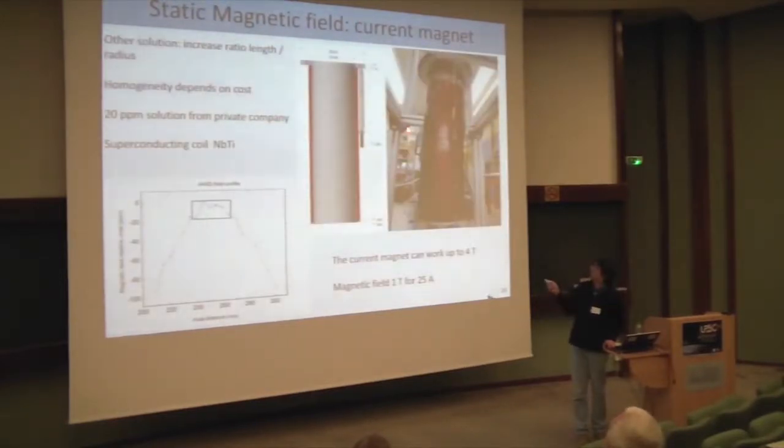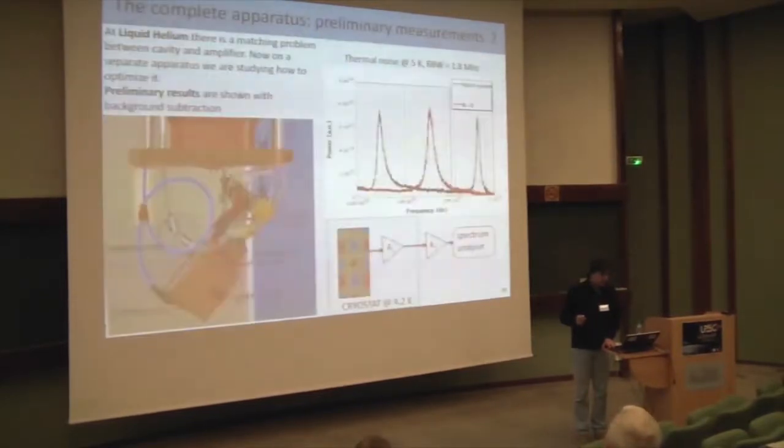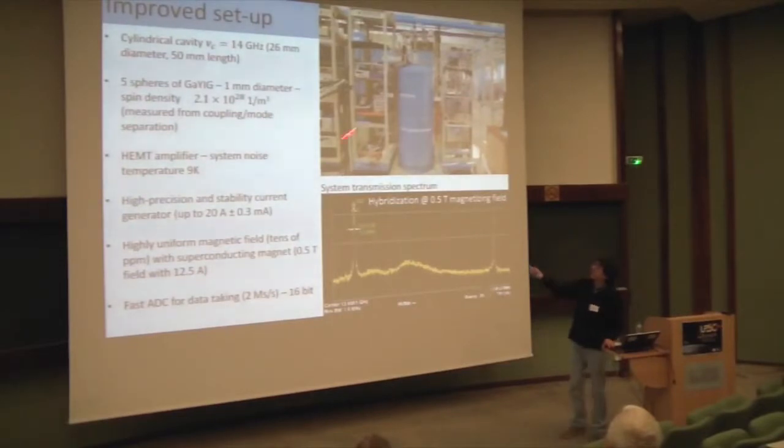Then we studied the magnetic field and homogeneity. This is our current magnet. But what I wanted to show you is what we are trying to do. We have an improved, more recent setup, where we are working inside this cryostat with a cylindrical cavity at 14 gigahertz, of the geometry that I showed before.